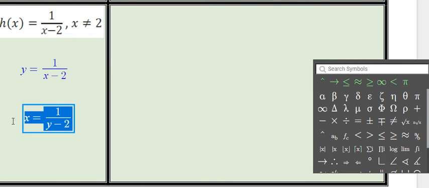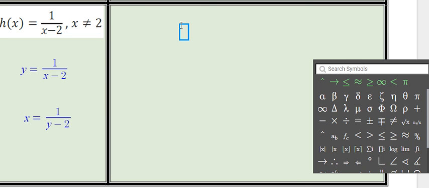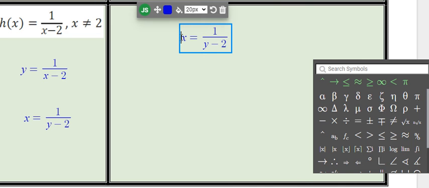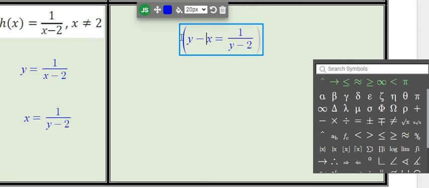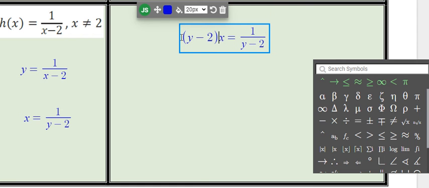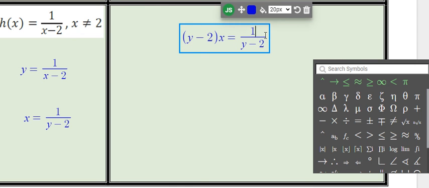So I'm going to steal everything here and move it over here. Now right in front of the x, I'm going to put y minus 2. And next to my fraction, I'm going to put y minus 2.